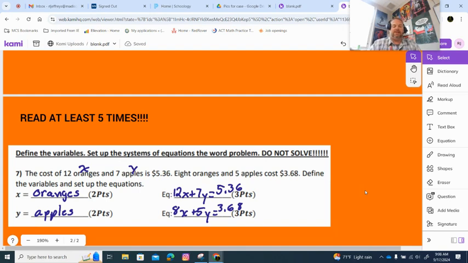If you can kind of pay attention, like this has 3 sentences. Your 2 equations are in the first 2 sentences.